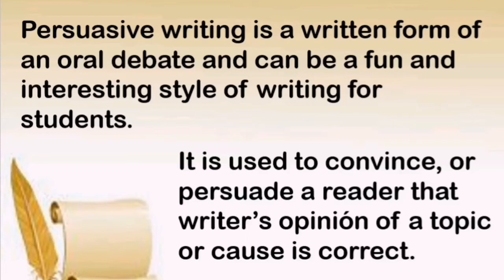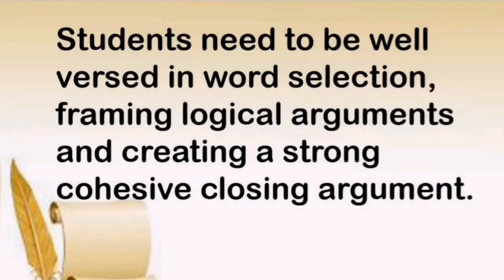Persuasive writing is used to convince or persuade a reader that the writer's opinion of a topic or cause is correct. When writing persuasive essays, students need to be well versed in word selection, framing logical arguments, and creating a strong, cohesive closing argument.